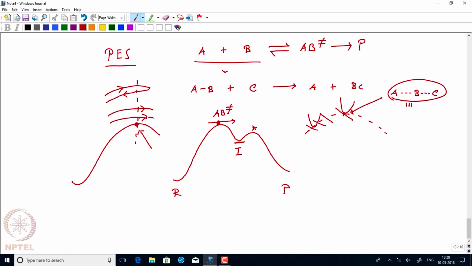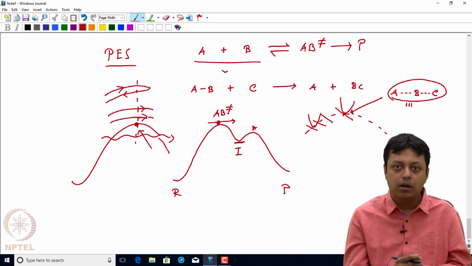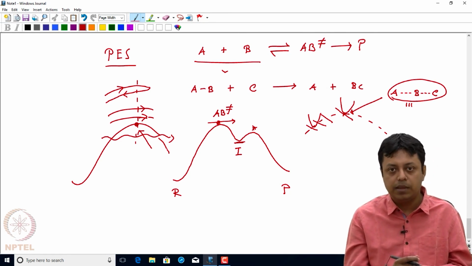Transition state theory has many drawbacks and many more discussions, such as the variational transition state theory. There are also tunneling effects, in the sense that when you go from reactant to products, you may tunnel through the barrier, and at low temperature this tunneling can contribute significantly to the reaction rate constant. But those details we are not going to discuss in this course. So we'll just stop our discussion on potential energy surface and transition state theory here. Thank you.